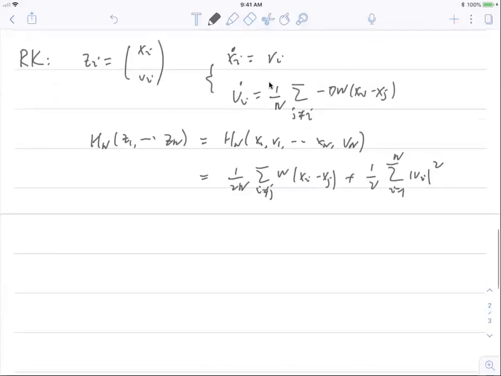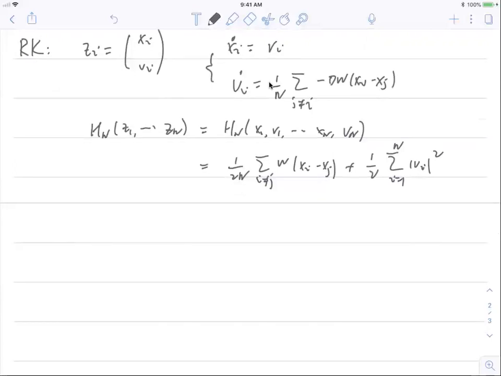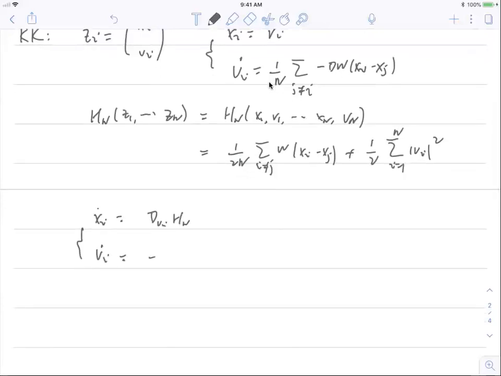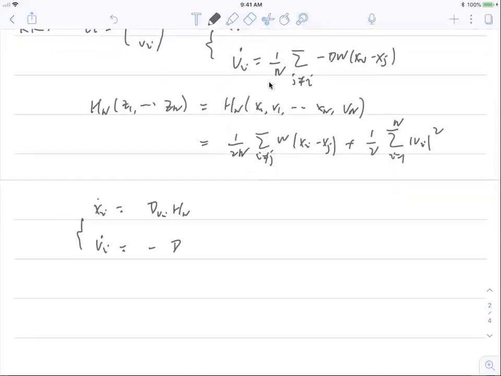Usually, if you study a dynamical system, we can write the original system like this, as a gradient of H_n: v_i dot, the time derivative, is minus gradient in x_i.